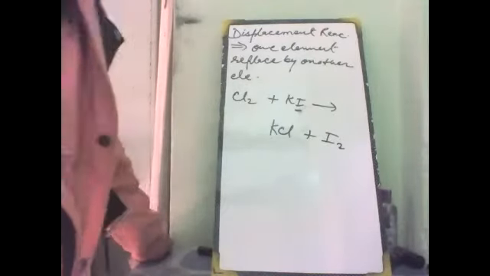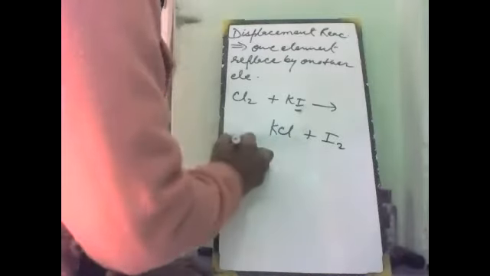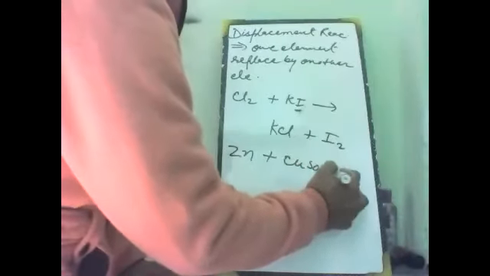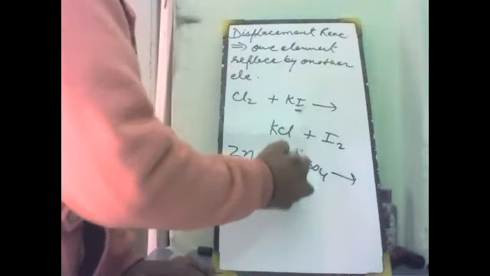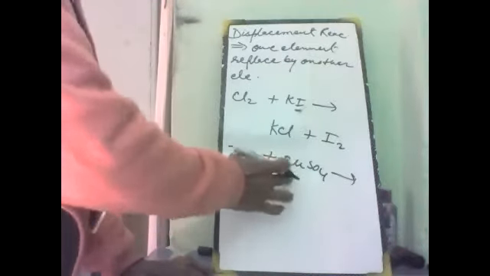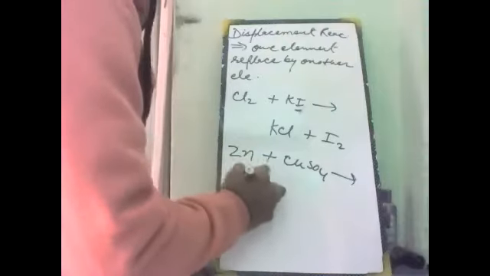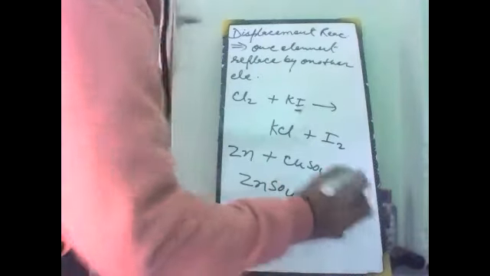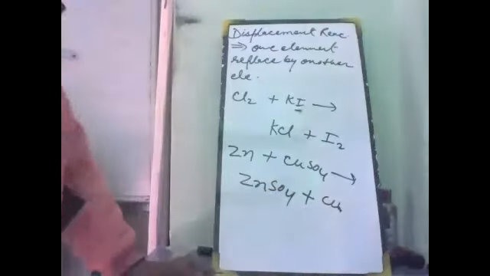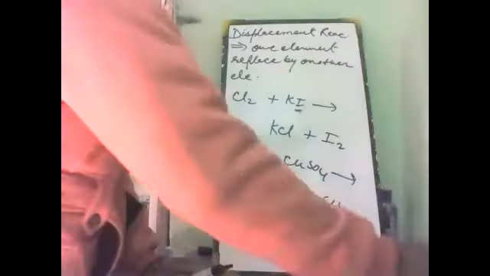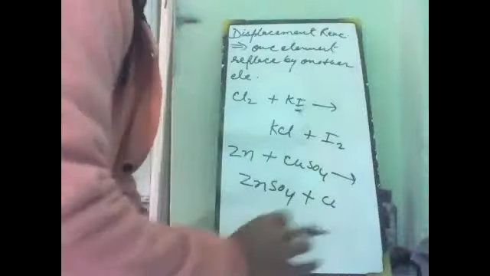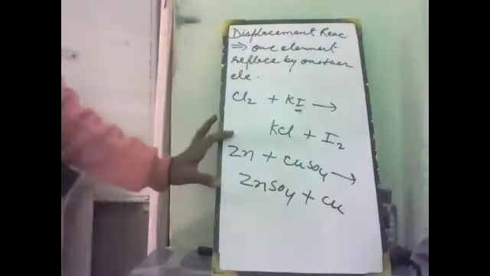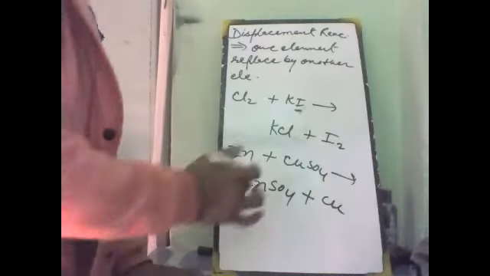Another example of displacement reaction is zinc reacting with copper sulfate. Now the sulfate is removed from the copper and joins with the zinc and forms zinc sulfate, and copper is released after the reaction.